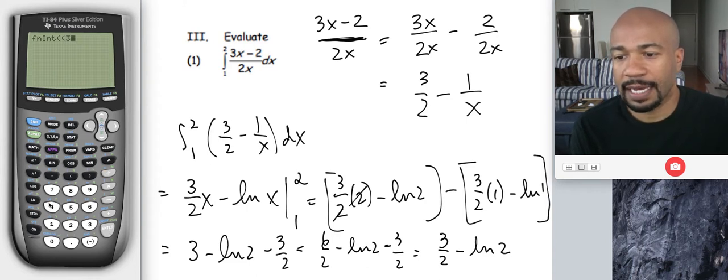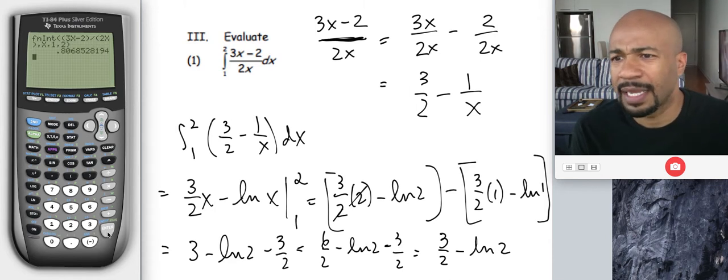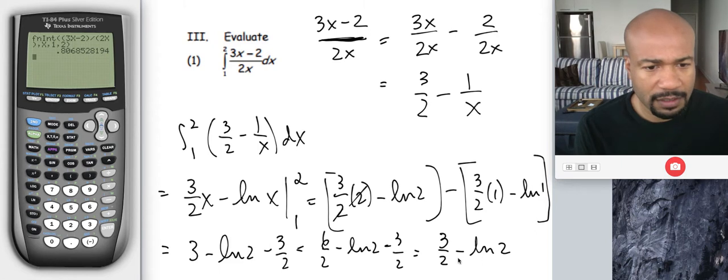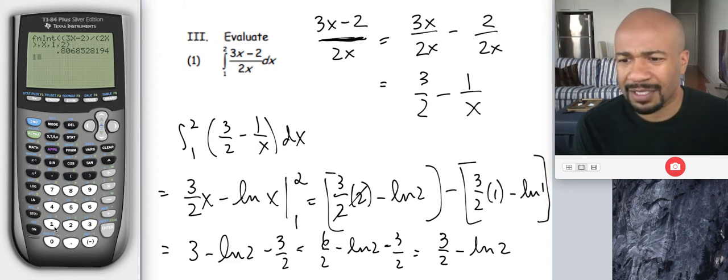So let's do 3x minus 2 in parentheses divided by open parentheses 2x close parentheses. We're doing it in terms of x, and I'm going from 1 to 2. So what number do I get? I get 0.80685, and so on. Now let me put in my answer. I'm just going to say 1.5, because that's 3/2, minus the natural log of 2.